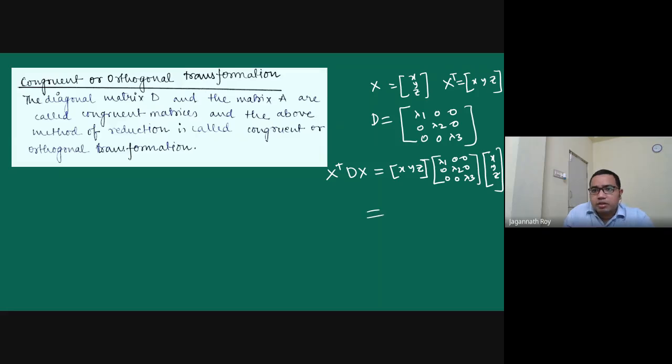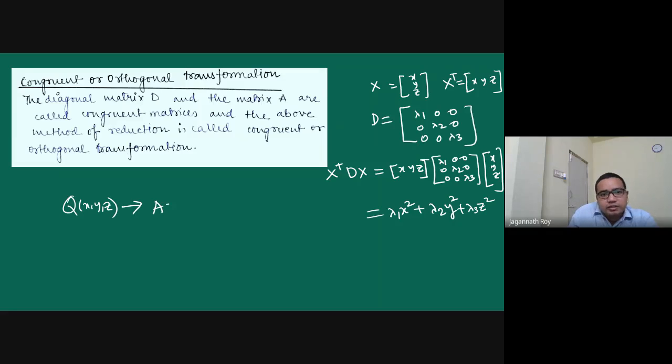From here, we will get lambda 1 x square plus lambda 2 y square plus lambda 3 z square.